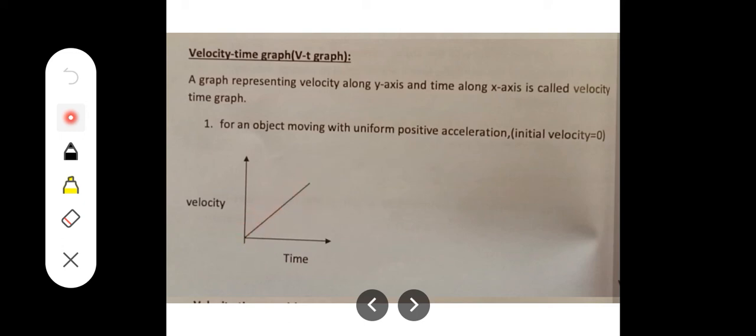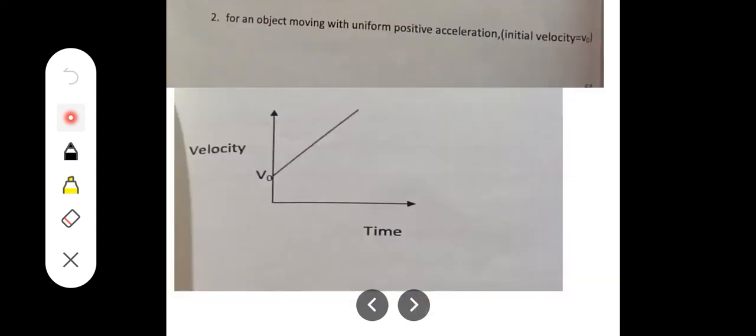Next, for an object moving with uniform positive acceleration with initial velocity v0, the graph will change like this. It is not starting from 0, it is starting from v0 on the y-axis, then a straight line.